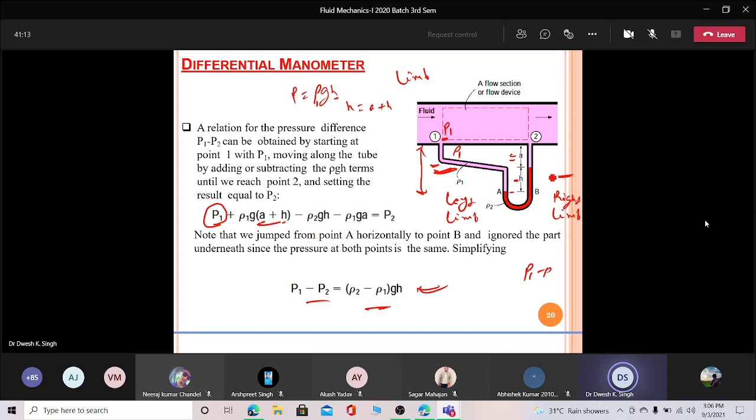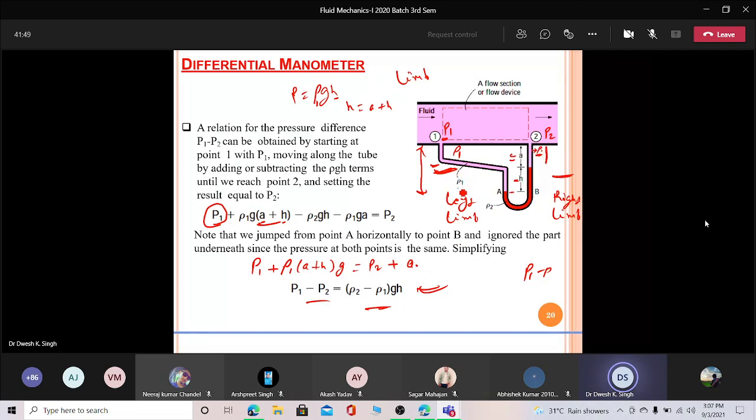Now move to the second side, this is for the A plus H into Z. Now that will be balanced by the other side, the right limb, obviously. Now what is the height of this fluid here? First of all here we will have some pressure, that is P2. And then there is a rise of this liquid, that is A, so that is P2 plus A into, okay, density of this liquid is ρ1.